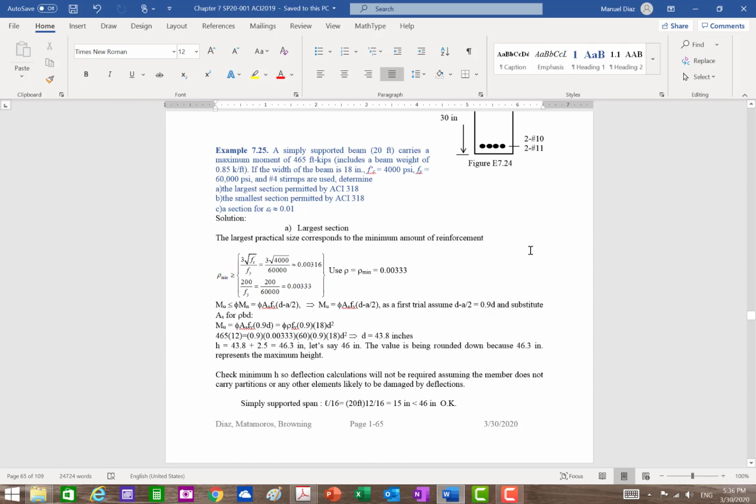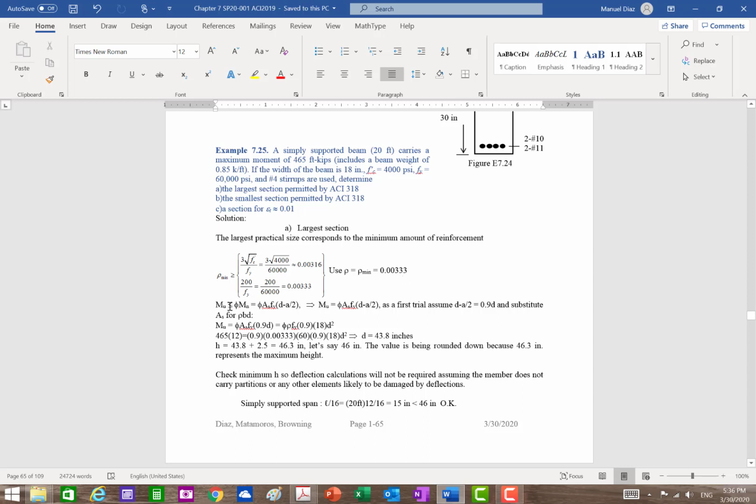Looking at these two values, because 4,000 is less than 4,444, then this number controls your minimum value and you use it.